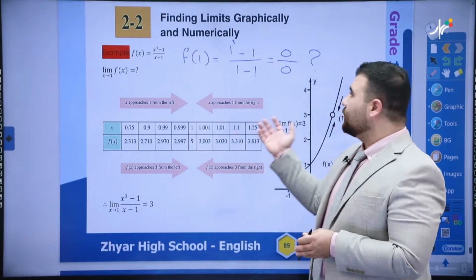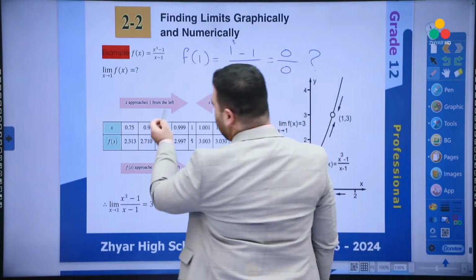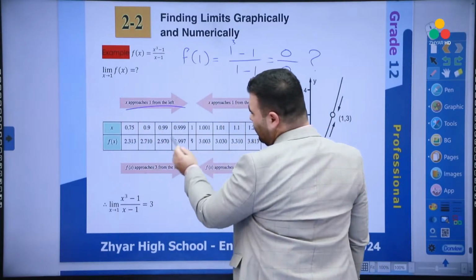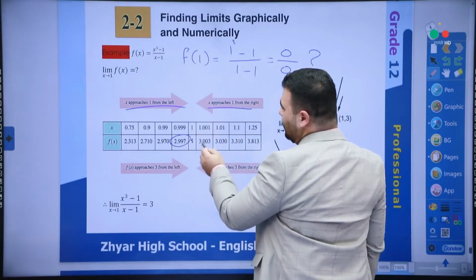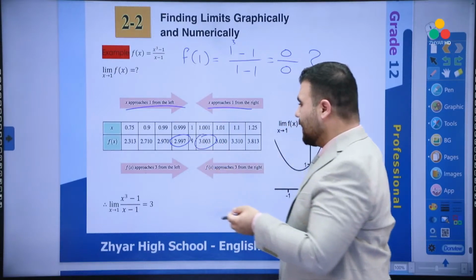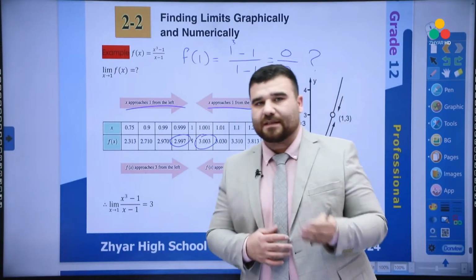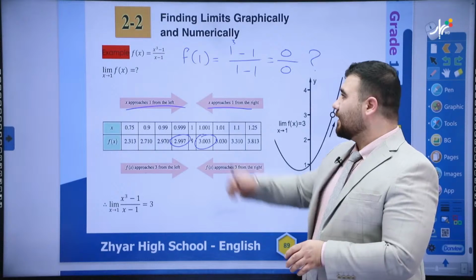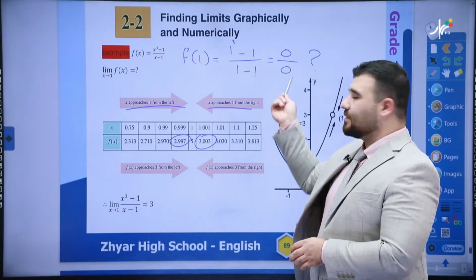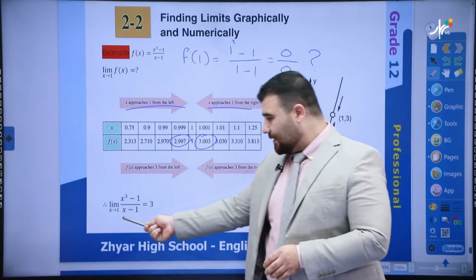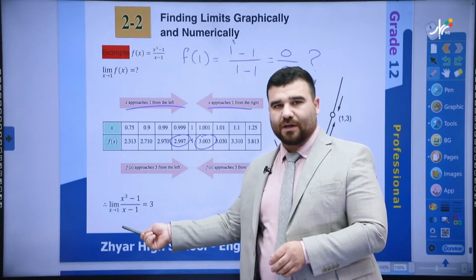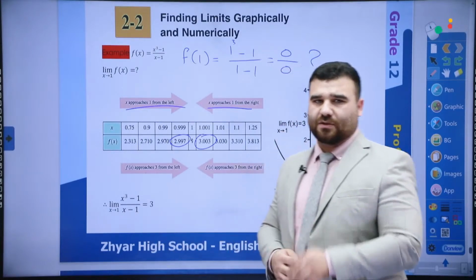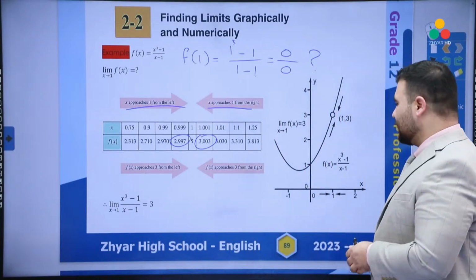Then what we do is check left and right. The left limit is getting very close to 3. The right limit is getting very close to 3 as well. This means the limit is equal to 3. It's fine. f of 1 does not exist, it's 0 over 0. But as we get closer to 1, the result will get closer to 3. This means the limit is equal to 3.